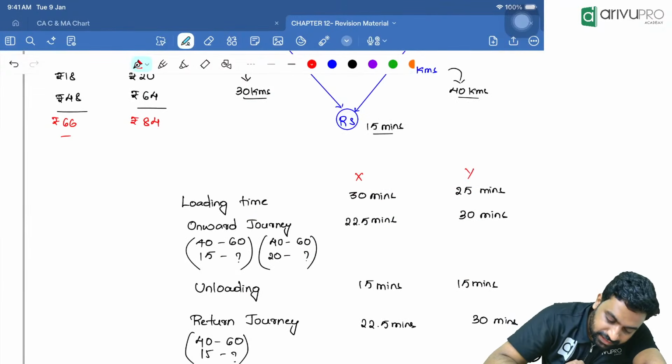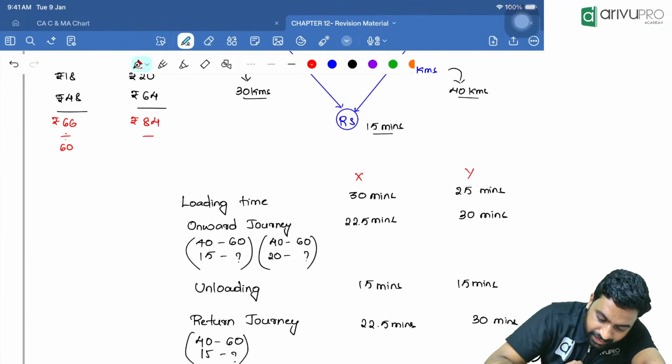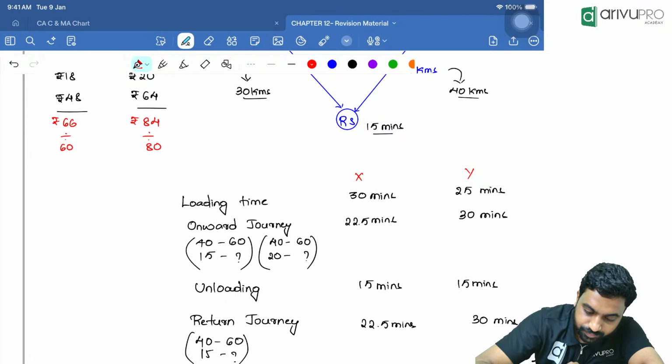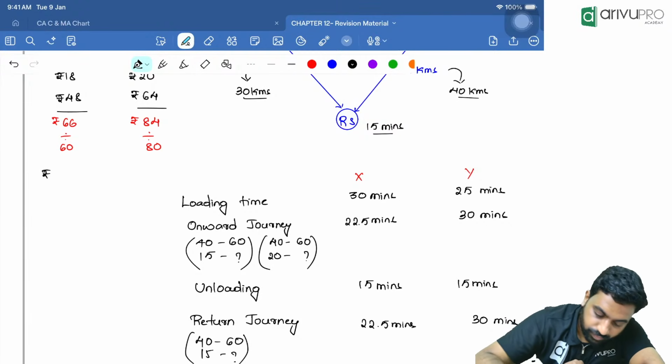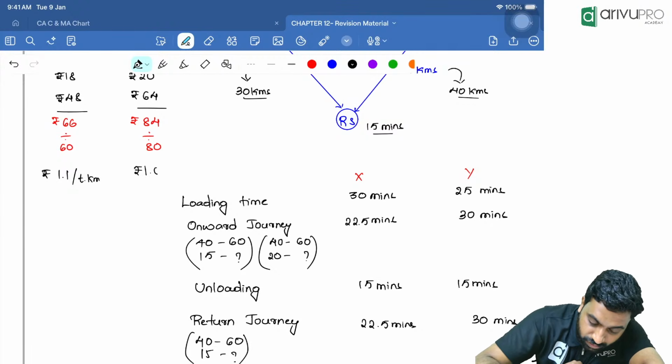So 66 divided by 60 and 84 divided by 80. 1.1 per ton kilometer, and 1.05 per ton kilometer.